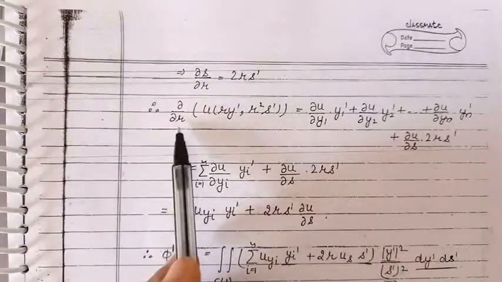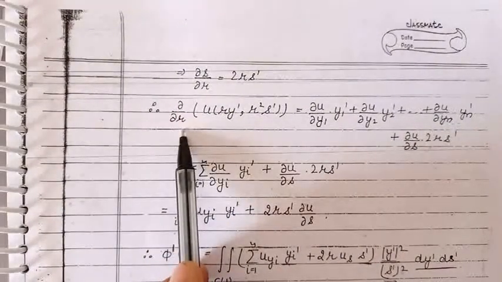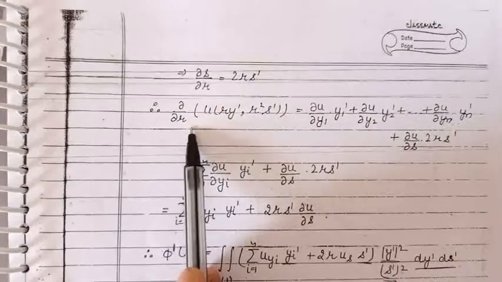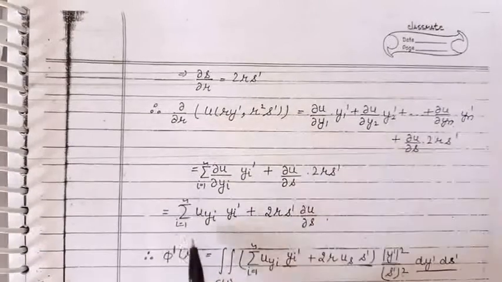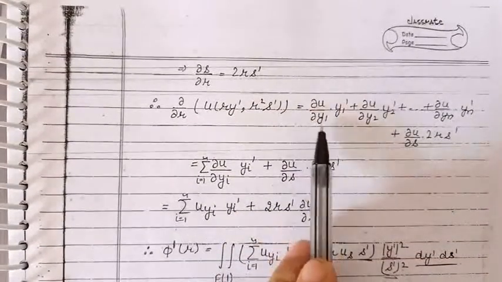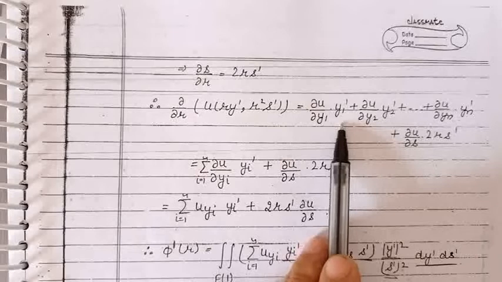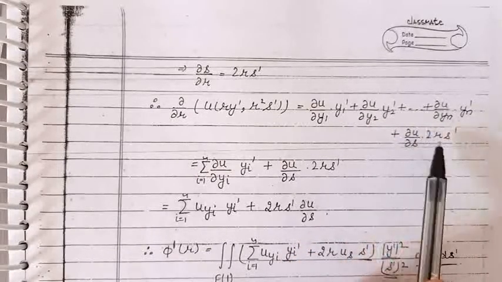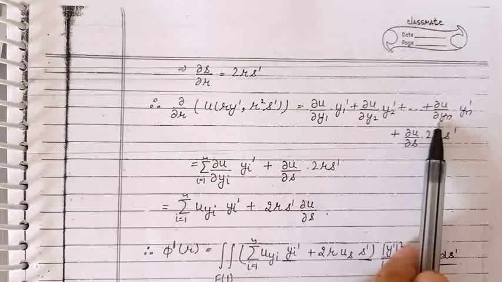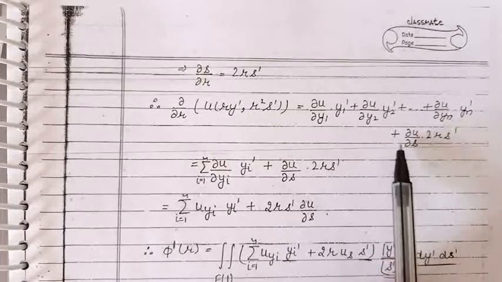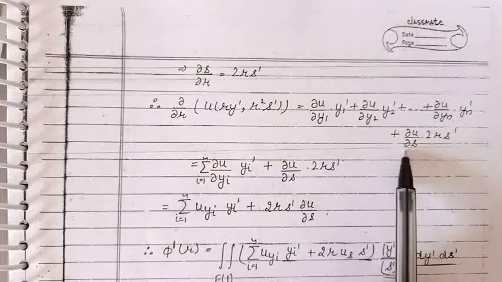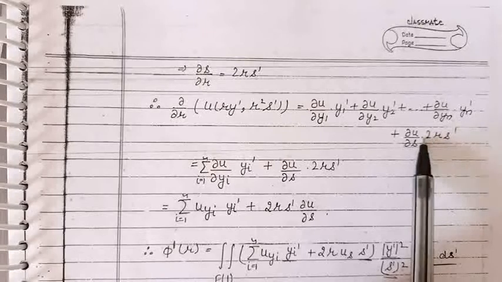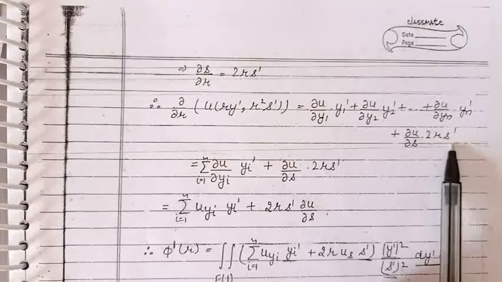Therefore we can substitute these partial derivatives to find ∂u/∂r. So ∂u/∂r becomes ∂u/∂y1 into y1 dash plus ∂u/∂y2 into y2 dash and so on, ∂u/∂yn into yn dash, plus ∂u/∂s into the value of ∂s/∂r, that is 2r s dash.